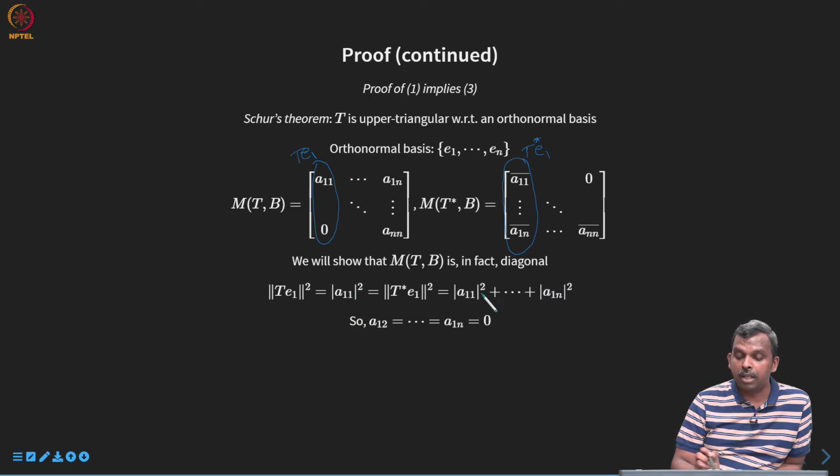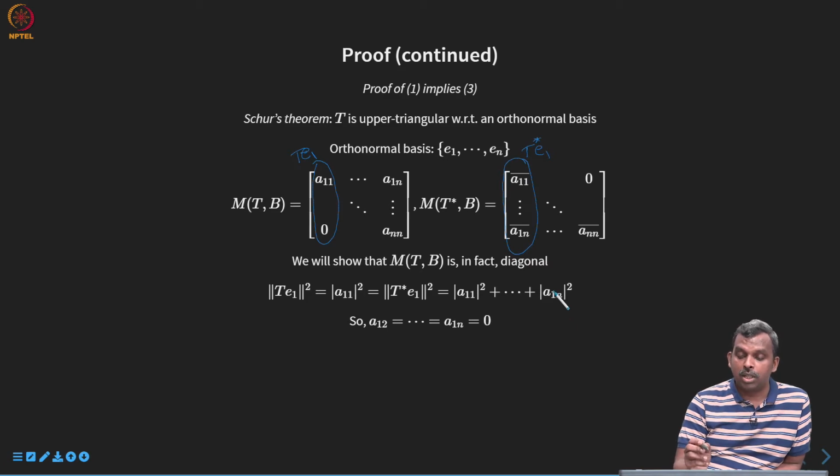Now if these two have to be equal, this A11 will cancel out and everything else has to be 0. A sum of non-negative numbers being equal to 0 means each non-negative number has to be equal to 0 itself. So that's how A11 alone will survive, everything else will go to 0.